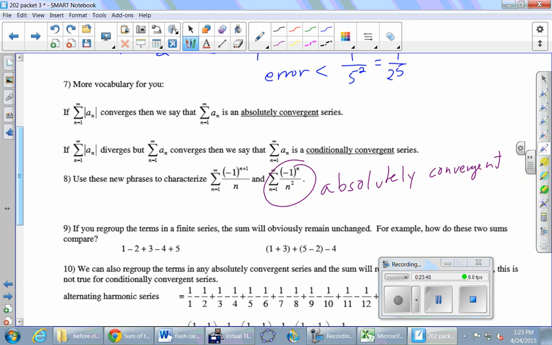This -1 over n, the alternating harmonic series, it converged, yeah? But if you put the absolute value, what series did we get? The harmonic, which diverged. So what do we call this thing right here? Conditionally convergent.